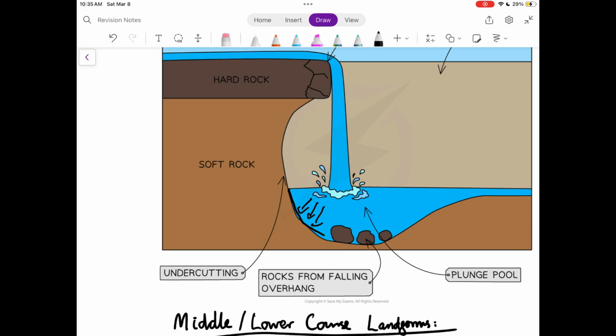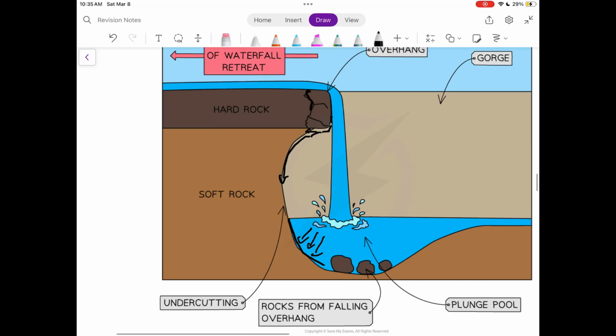Also the water here might undercut under the hard rock, so this can cause erosion on this part of the soft rock. Eventually, as you can see, cracks start to form on the hard rock here because it cannot be sustained, because there's no rock underneath it. So eventually this will collapse here.